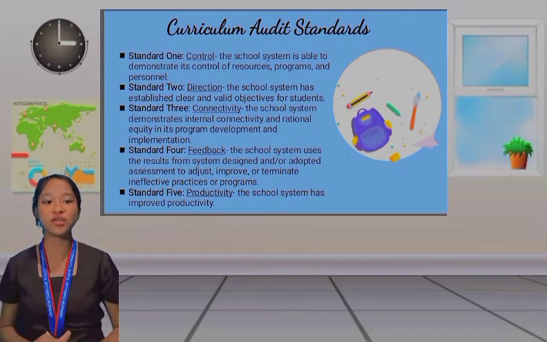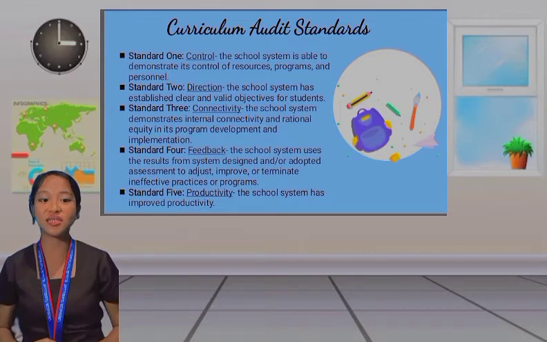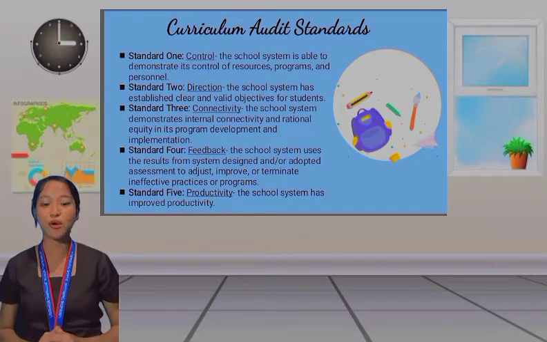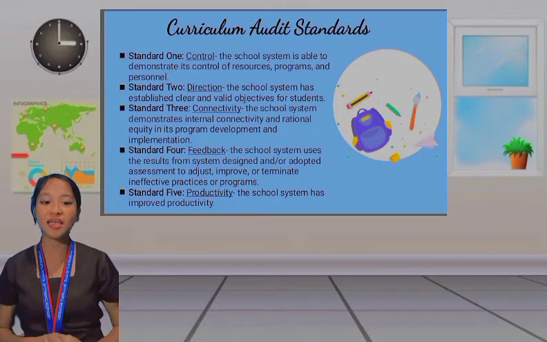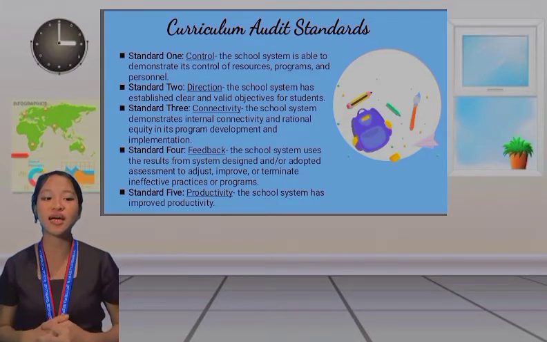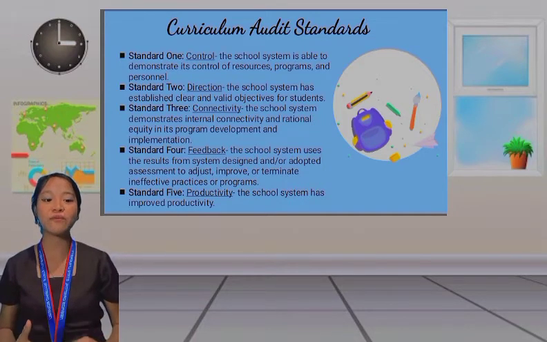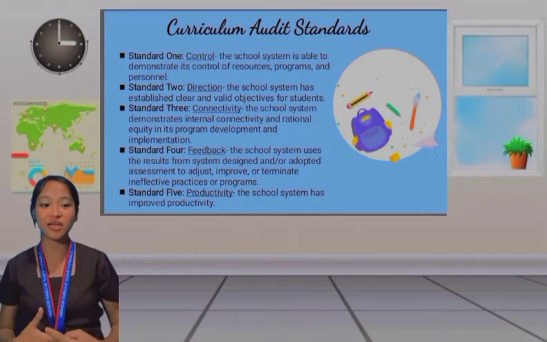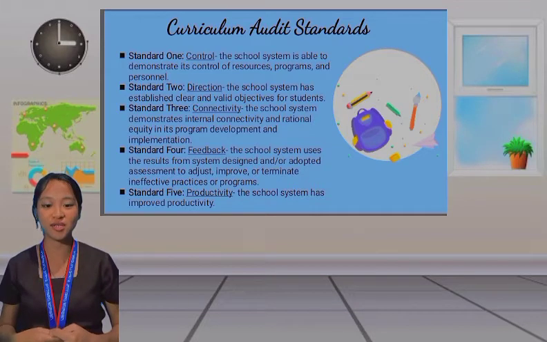The school district uses the results of district designed or adopted assessment to adjust, improve, or terminate ineffective practices or programs. So finally, the last standard, or the standard 5, we have the productivity and efficiency, in which the school district has improved productivity and efficiency, particularly in the use of resources.